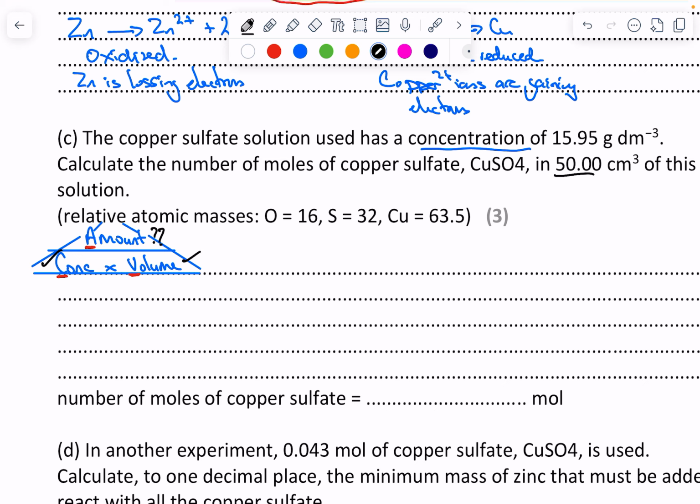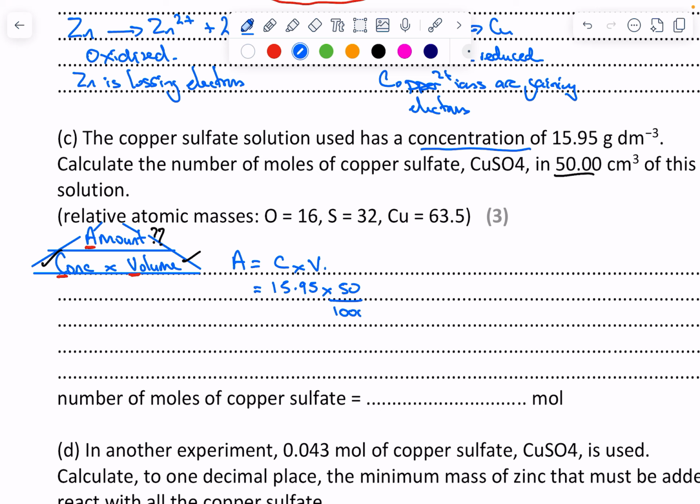So all I need to do in this question here is write down that the amount is the concentration times by the volume. So the concentration is 15.95, times that by the volume of 50.